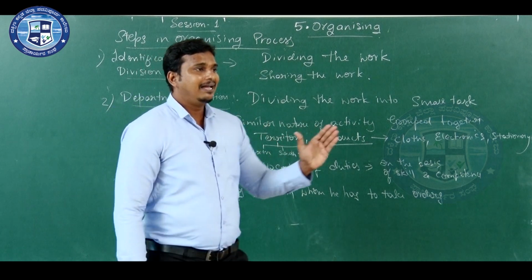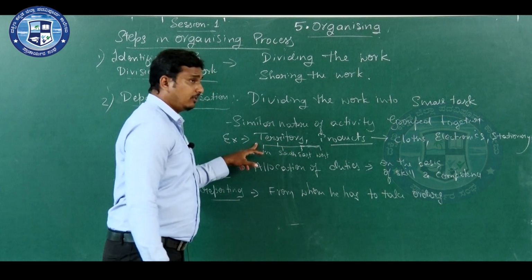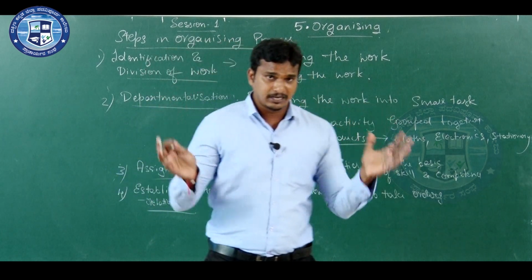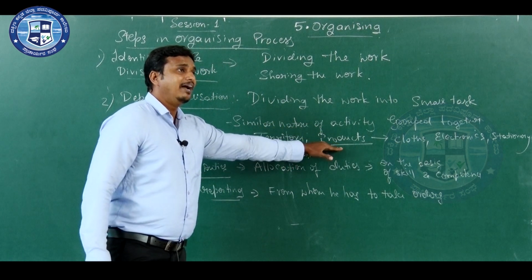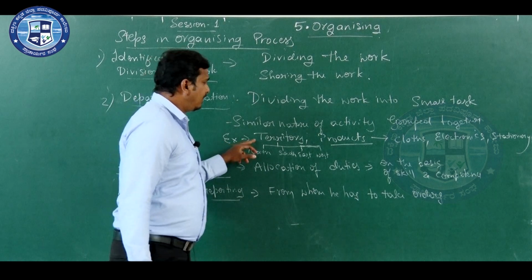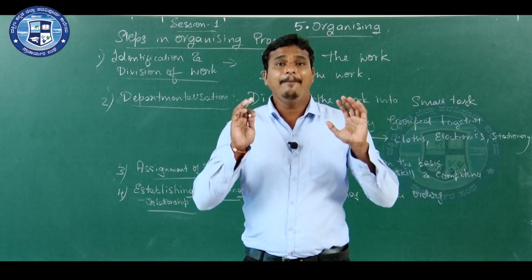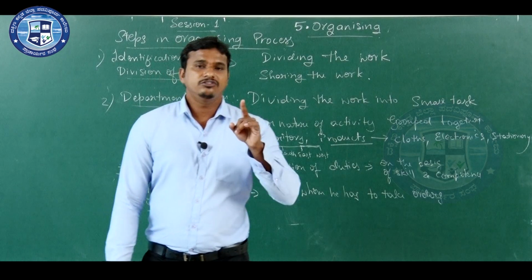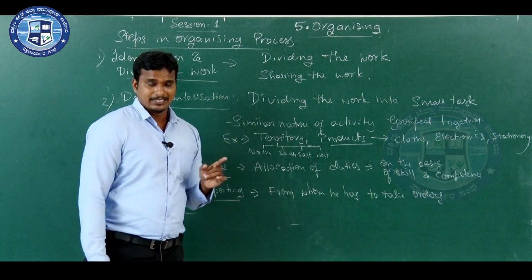A company can divide the departments on the basis of territory, if it is a large company, and it can also be divided on the basis of product. Let me give an example, territory. Now, you know the Apple company, whose headquarters is situated in the US.